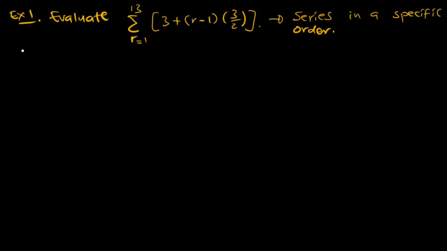I've got 3 steps that I want us to go through. When a question says evaluate a sigma notation, what do they mean? They mean that you need to calculate the sum of this series.